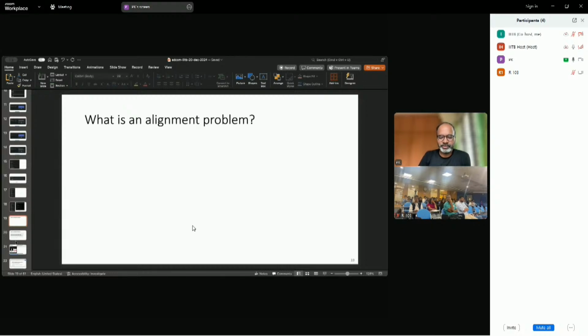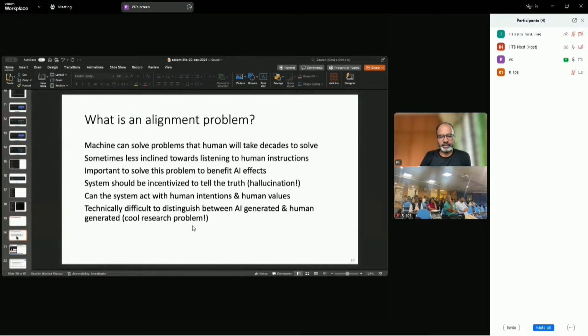What is an alignment problem? The question about alignment is, I want to make sure that developers, companies, governments want to make sure that whatever technologies are built, models that are created, do whatever they are expected to do, and follow whatever policies the companies have written, right? So that's the idea of aligning.